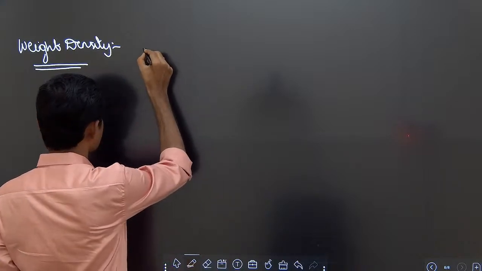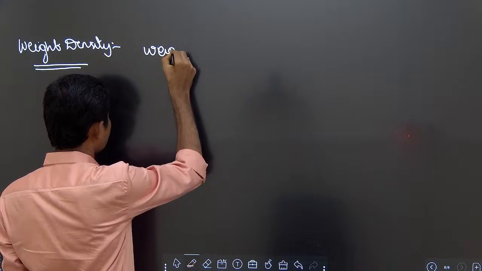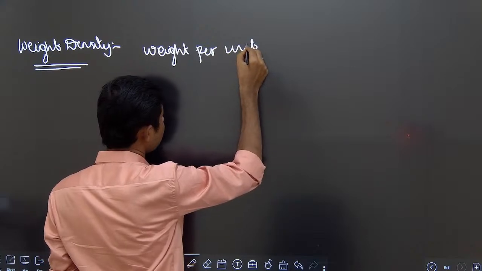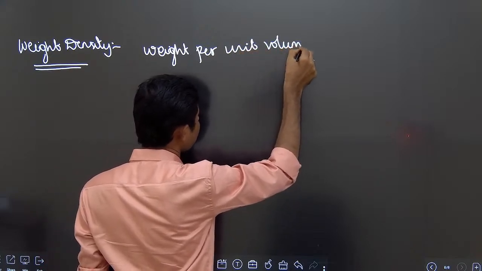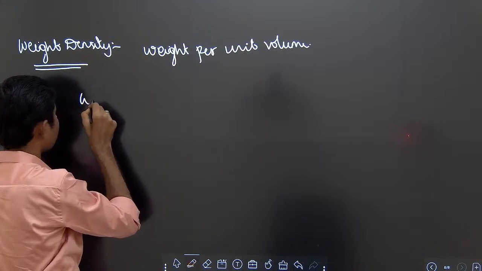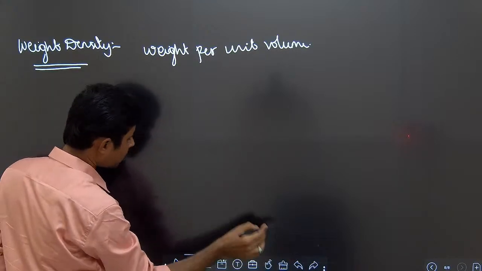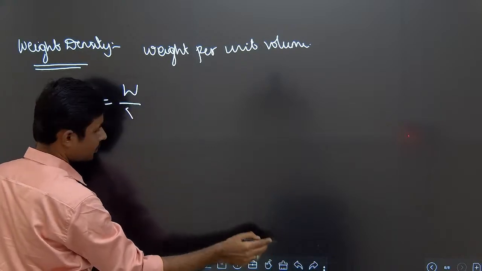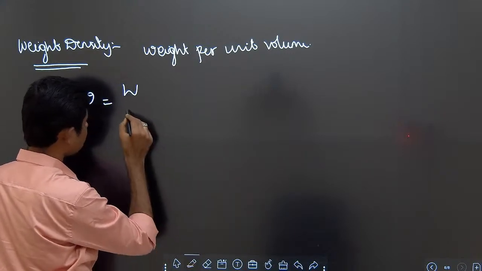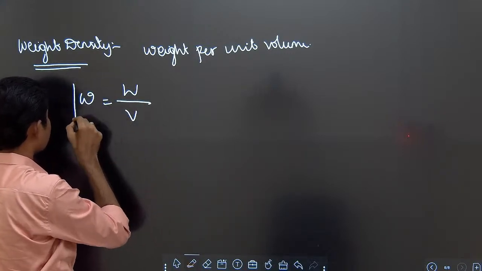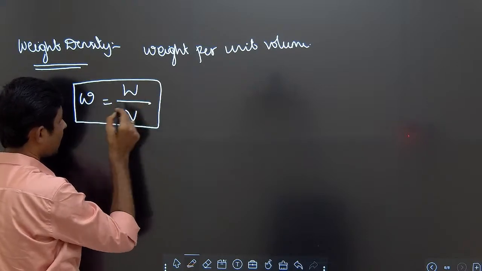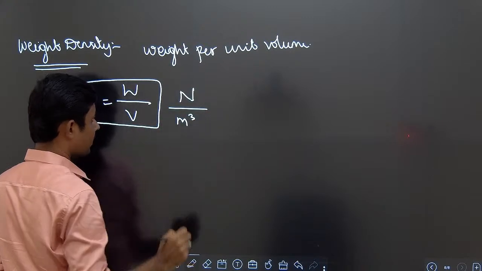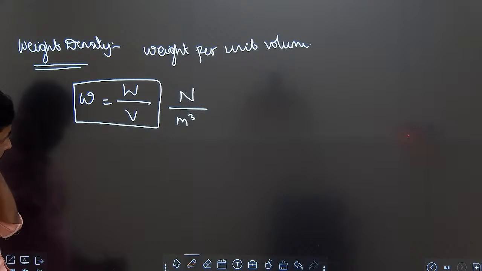Mathematically, weight density is weight per unit volume, denoted by omega. Its unit is Newton per meter cube.